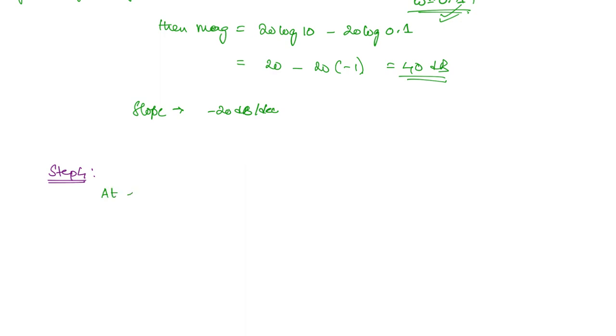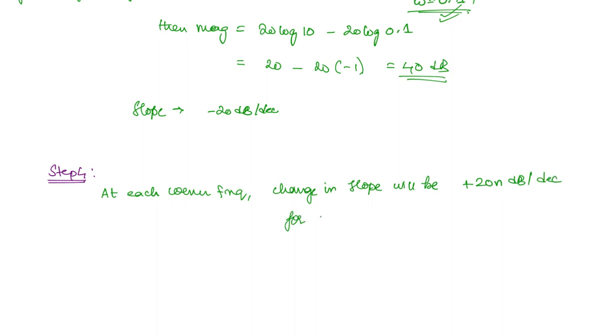At each corner frequency, the change in slope will be plus 20n dB per decade for an nth order zero. If it is a simple zero, then n is simply equal to 1.